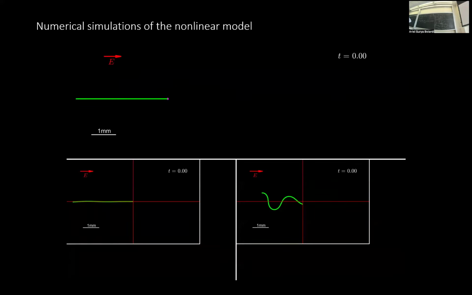So let's see the simulations which should correspond to our ideal experiment. We see that the tail starts to oscillate, then small amplitude oscillations develop into our limit cycle.